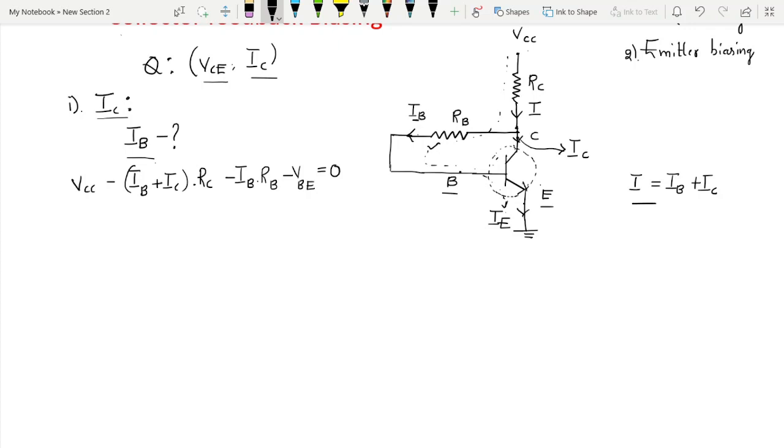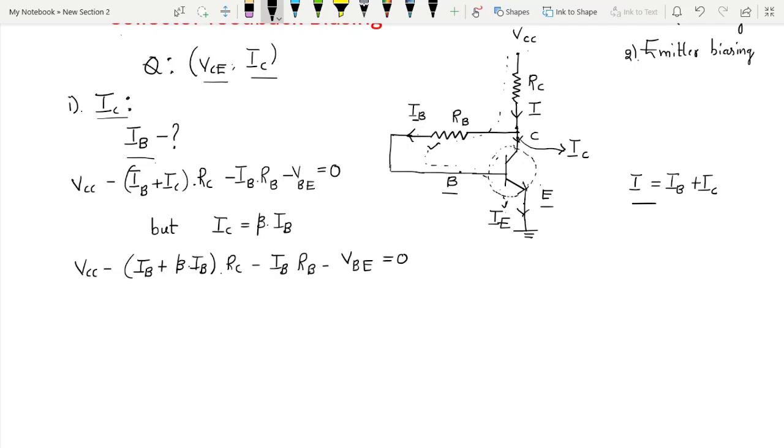We already know that the collector current is equal to beta times the base current. Substituting here: VCC minus (IB plus beta IB) RC minus IB RB minus VBE equals 0.